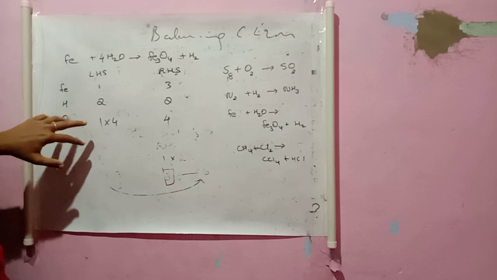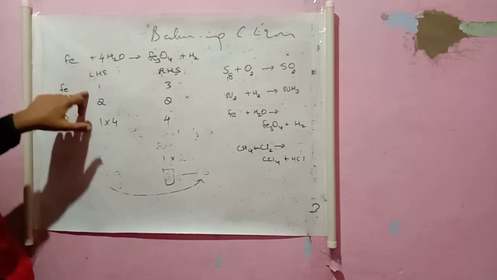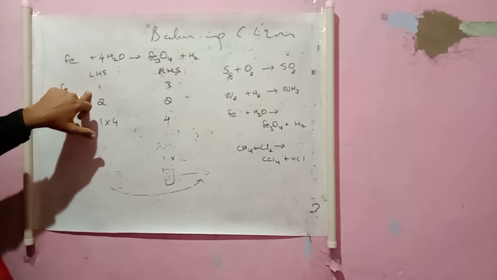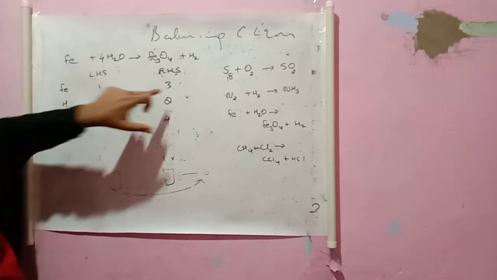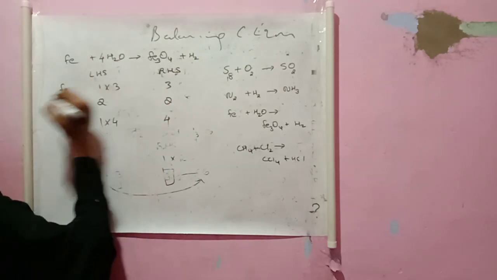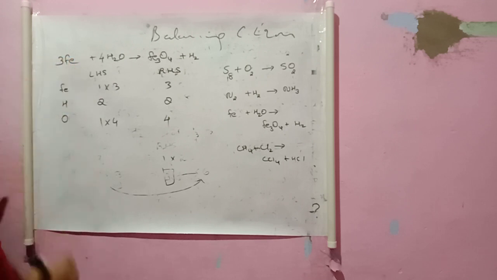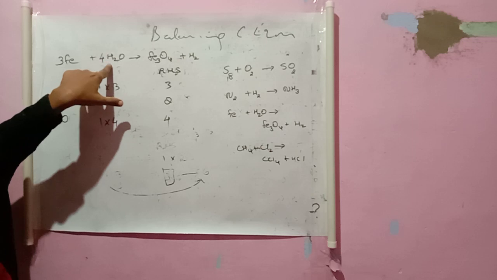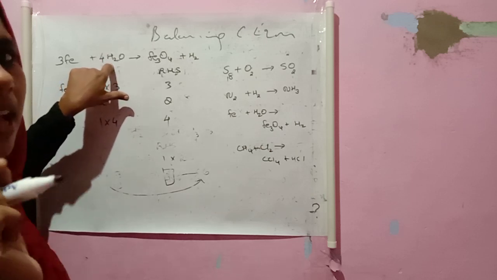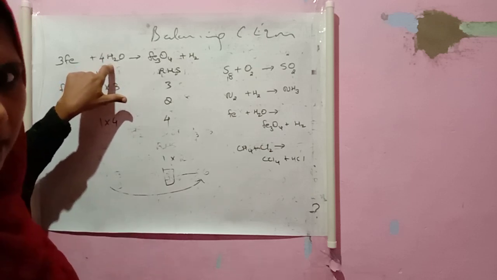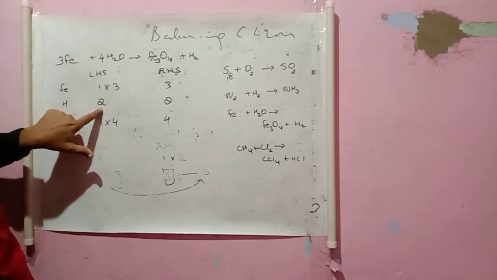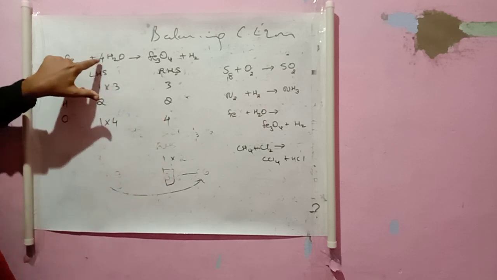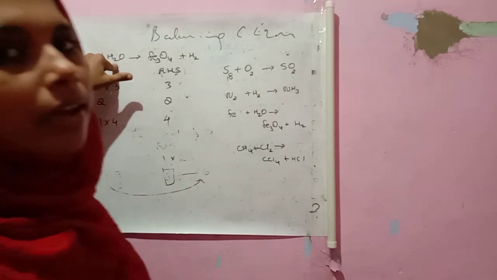Again, now I am moving to the iron. This one is 3 here and here 1. So I am multiplying this 1 with 3. Here iron changes to 3, and iron is 3 on the other side. These two are balanced, but a change happens in the hydrogen atoms, which was 2 and 2, but here changed to 4 into 2, that is 8.